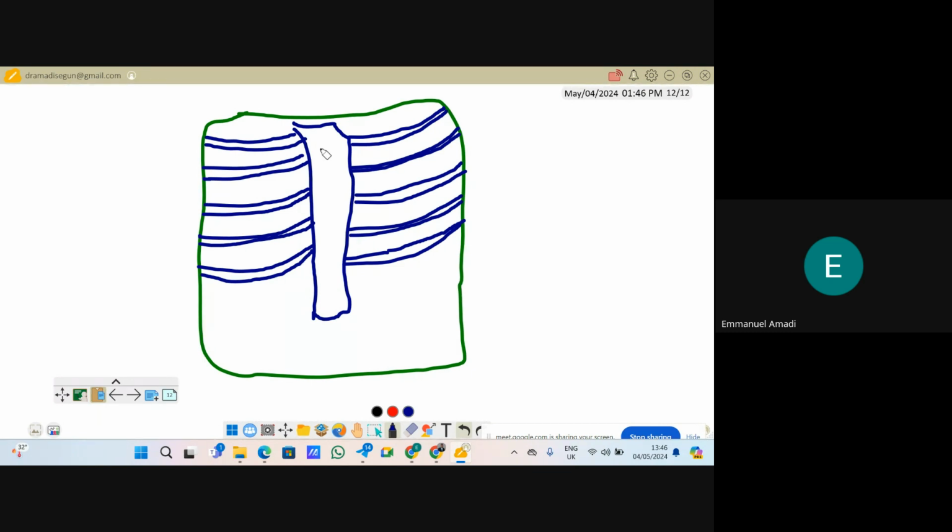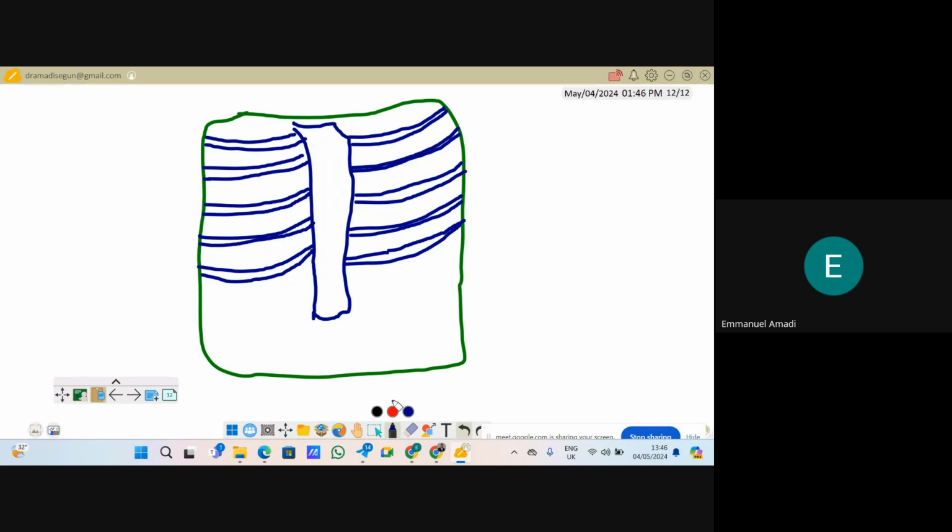One of them will be on the right, 3 of them will be on the left. The heart is on the left, so the majority will be on the left. Then one of them will be away from the sternum. So there are 5 valvular areas. Four of them are directly aligned on the sternum. It is only one that is away from the sternum.